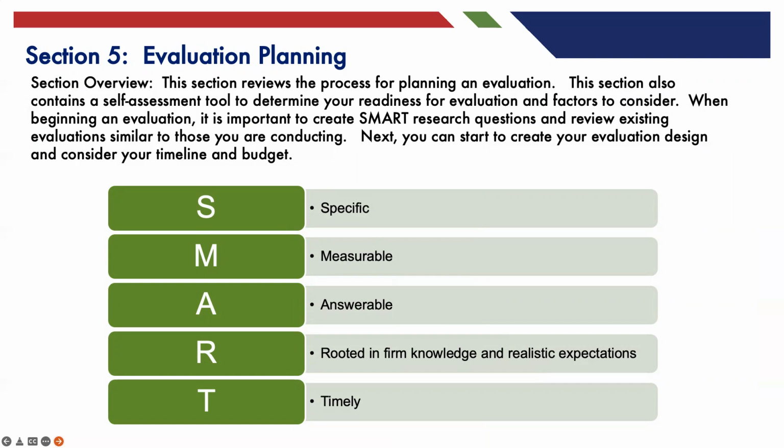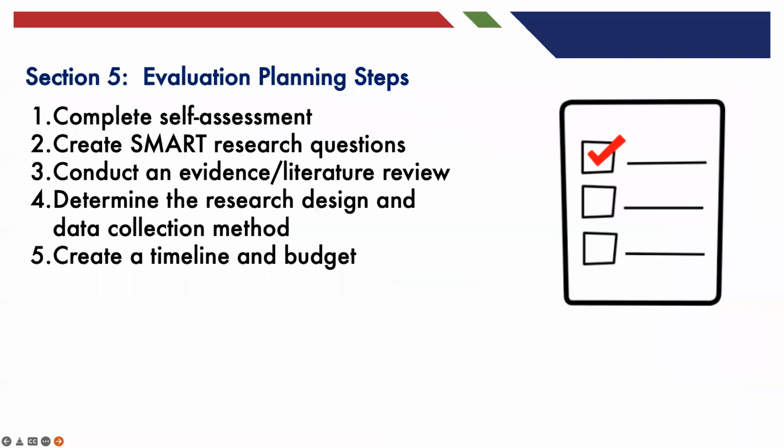You want to look at those SMART research questions, and we even provide resources on how to do that. There's a self-assessment that you can create in this evaluation planning to see where you are. And again, it's all about the resources built into this tool. So if you find out that you need to backstep and look at something again, it's readily available to you.